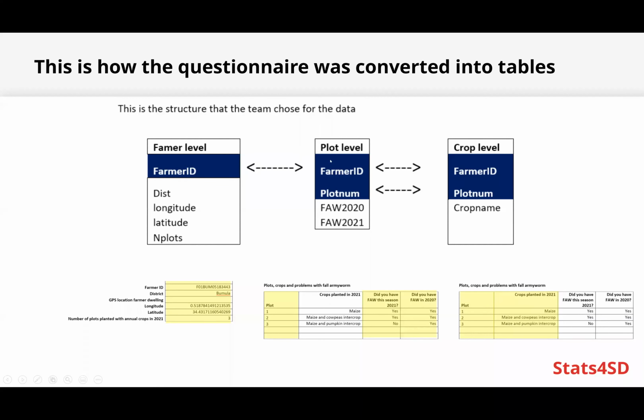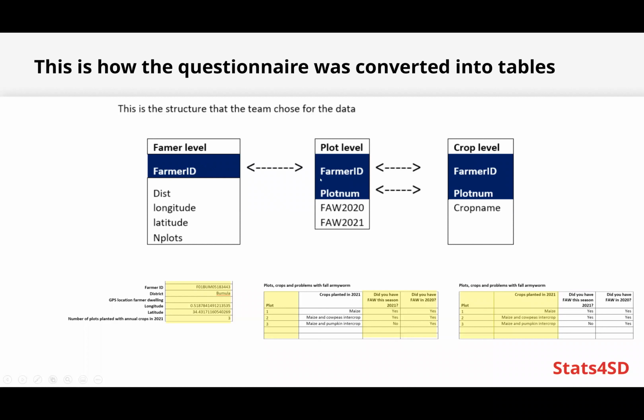Then they decided to put the plot level data into a different table. And they had in that table the farmer ID. Why? They have the farmer ID there to be able to link it to the farmer data. And you remember we talked about key ID variables.